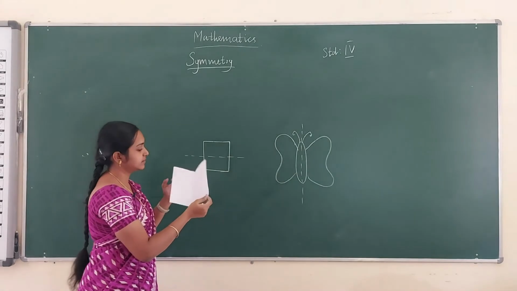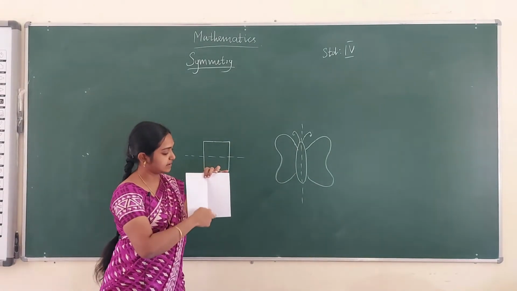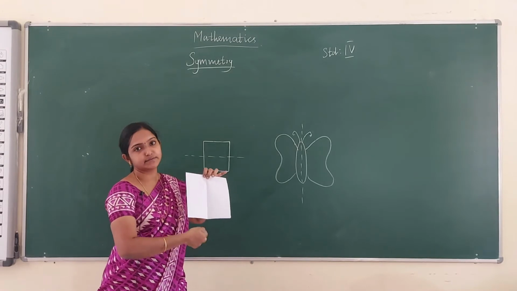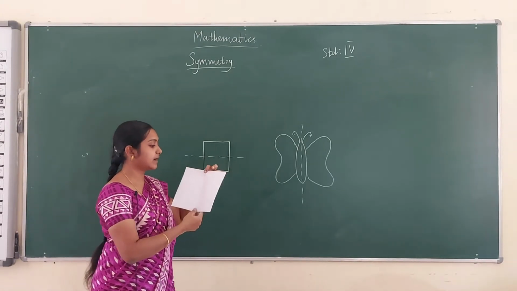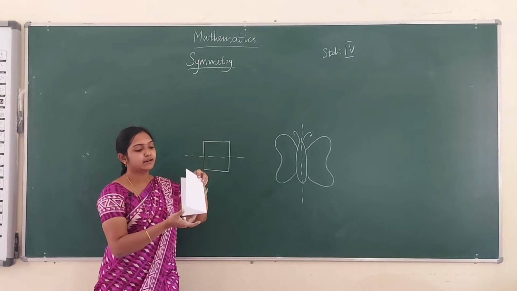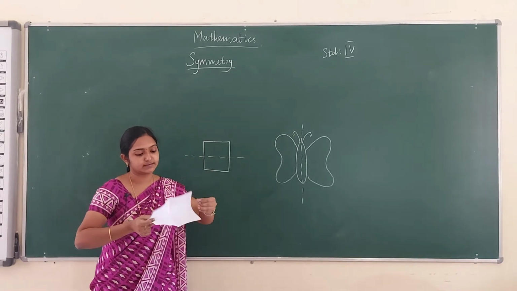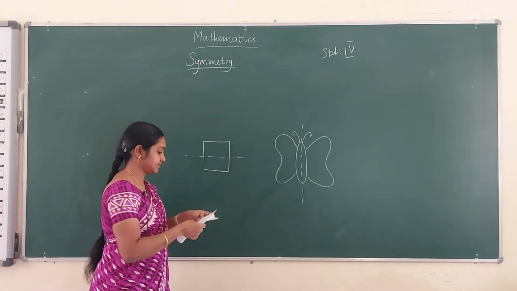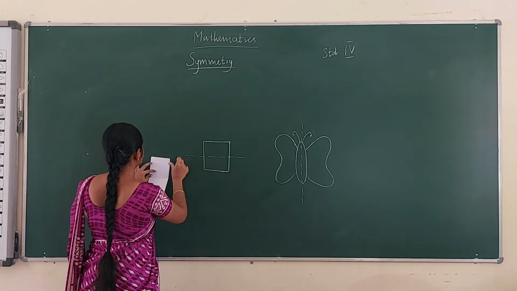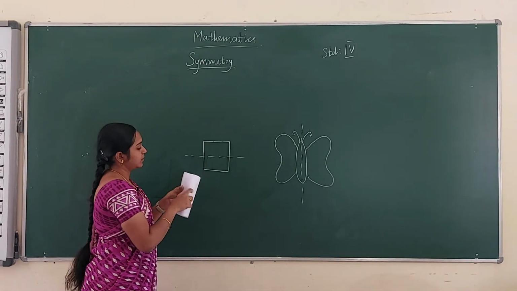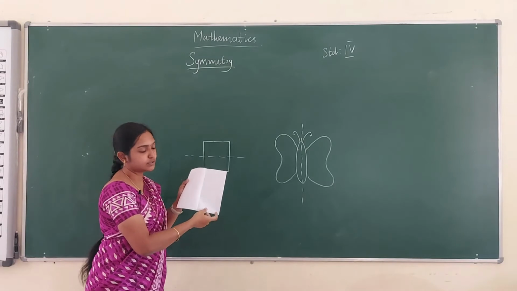Now open it. You will see a line here. That line is called the line of symmetry. Now I have folded like this. Now I am going to fold it like this. Now I have got another line also.